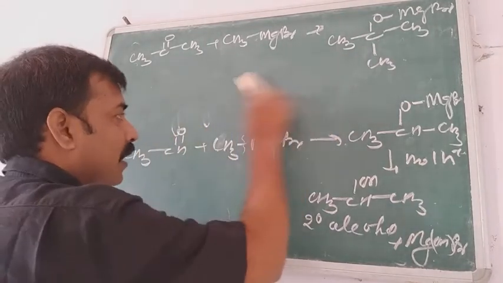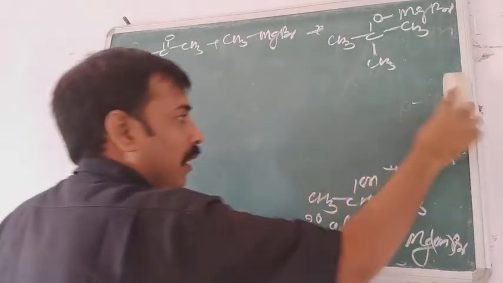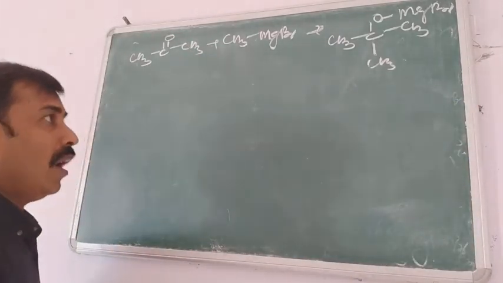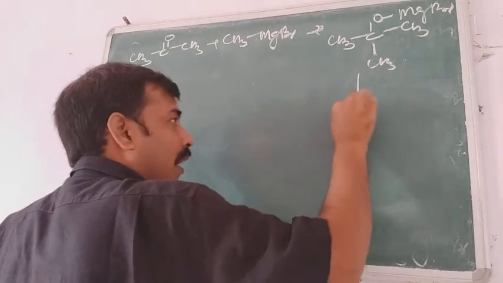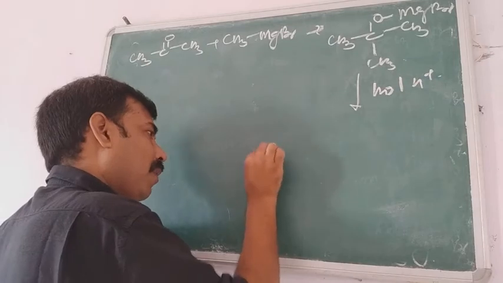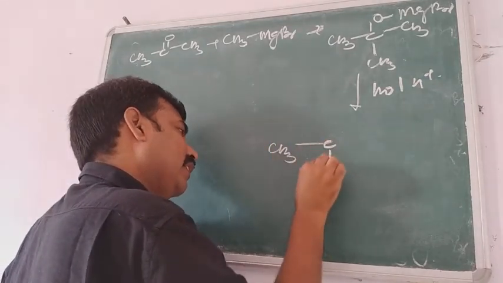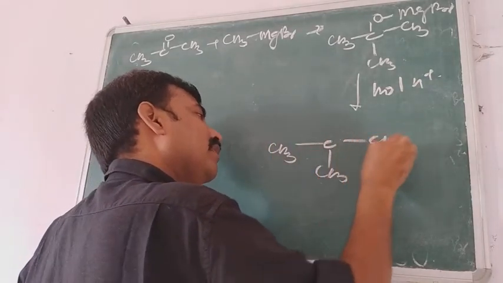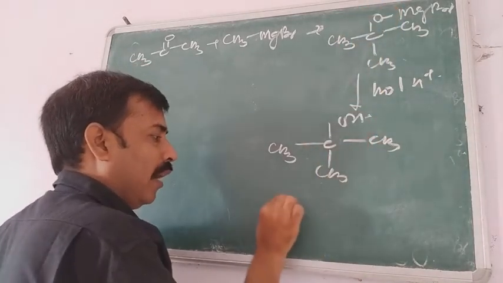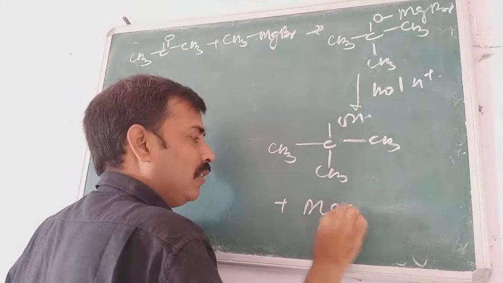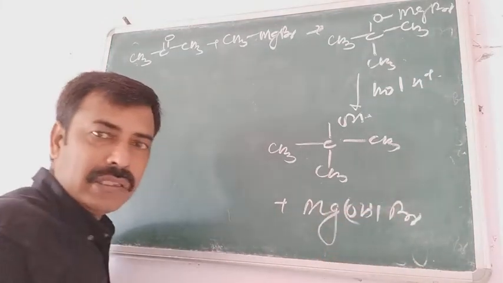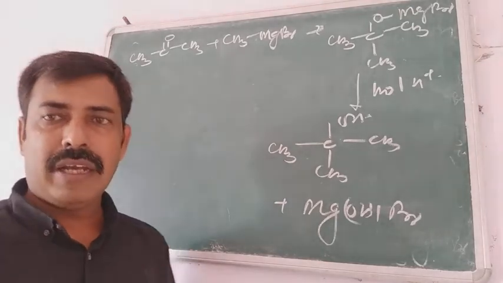Now, this alkyl oxomagnesium halide will hydrolyze, and when you hydrolyze this system with H2O/H+, it will form CH3C(CH3)CH3, and this one will hydrolyze to form OH along with MgOHBr, magnesium hydroxyl halide.